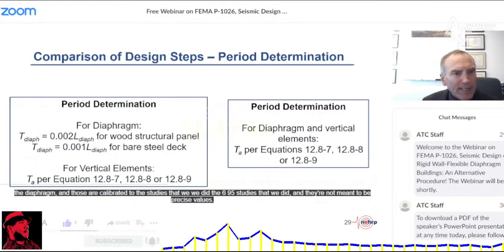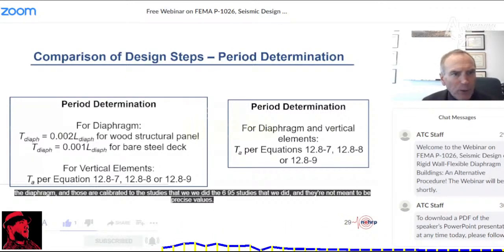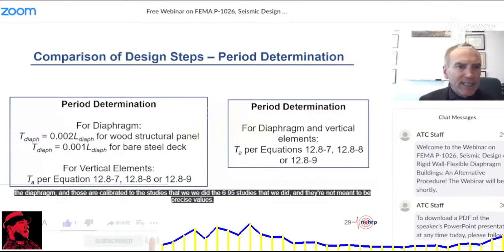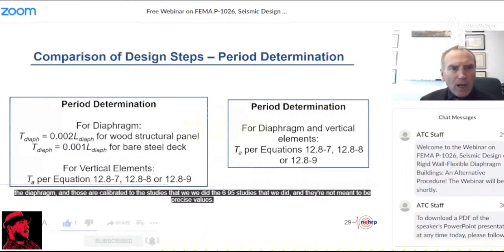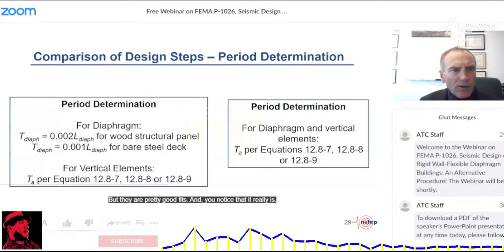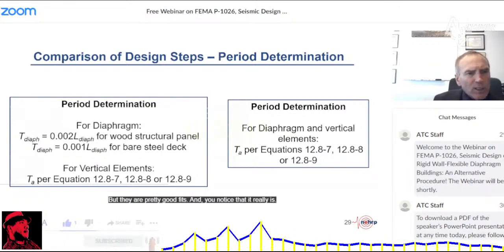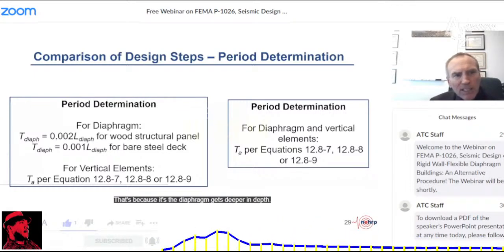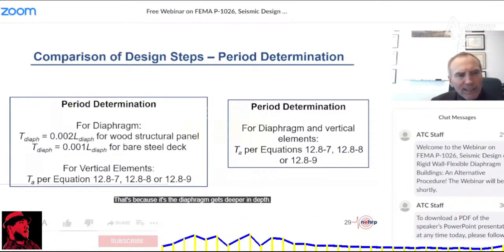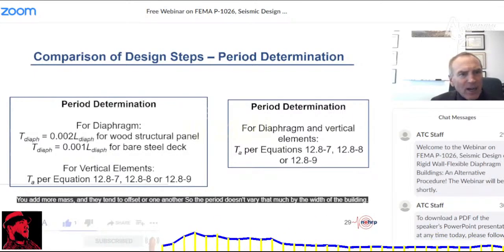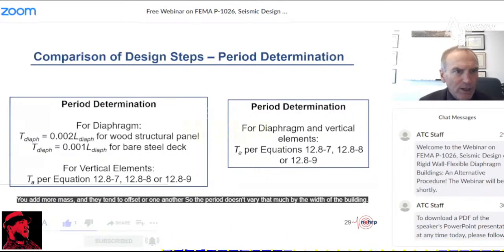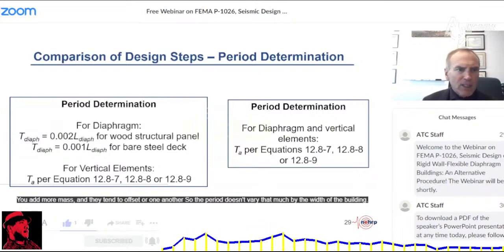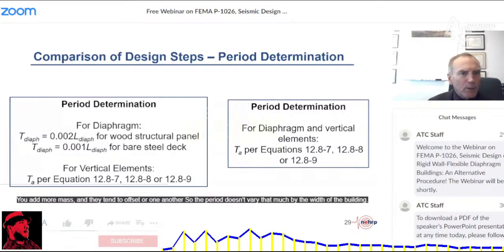And those are calibrated to the P-695 studies that we did. They're not meant to be precise values, but they are pretty good fits. And you notice that the only parameter is the length of the diaphragm. That's because as the diaphragm gets deeper, you add more mass and they tend to offset one another. So the period doesn't vary that much by the width of the building.